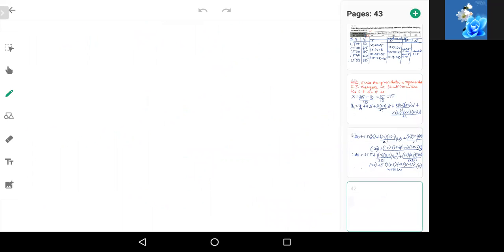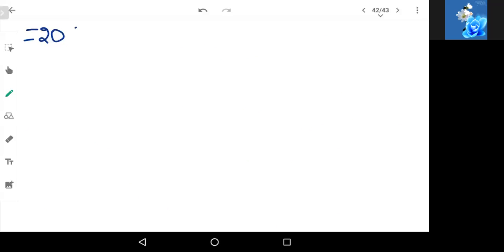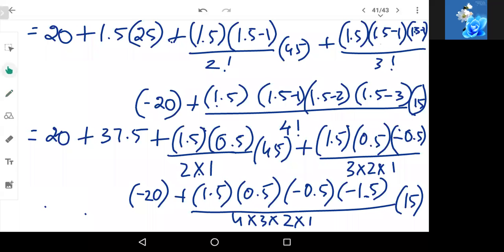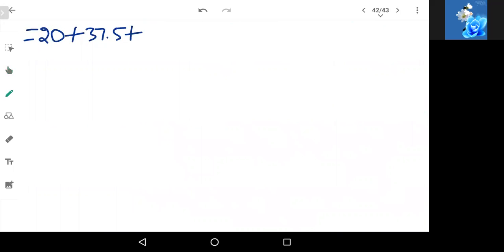Now 20 plus 37.5 plus, now let us do the next calculation. Here 1.5 into 0.5 is 0.75, divided by 2 will give you 0.375. Multiply that with 45, you get 16.875.